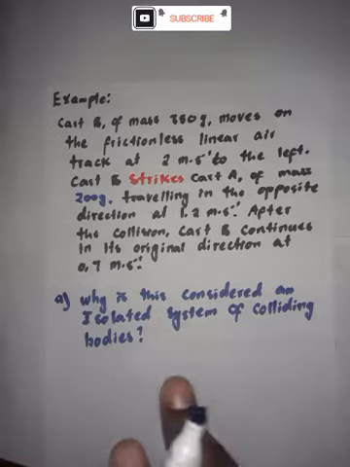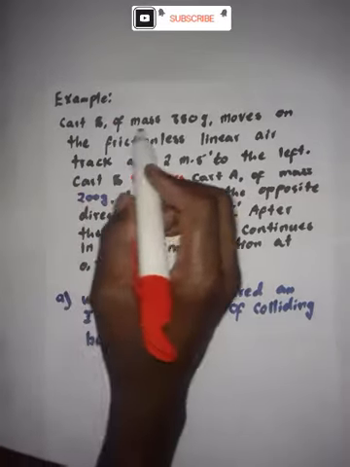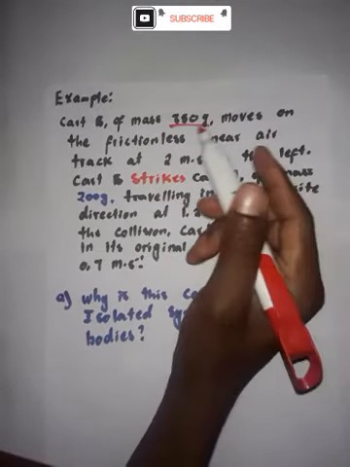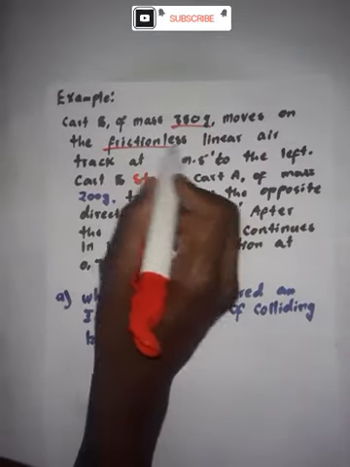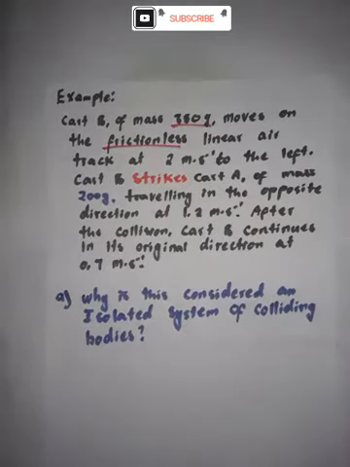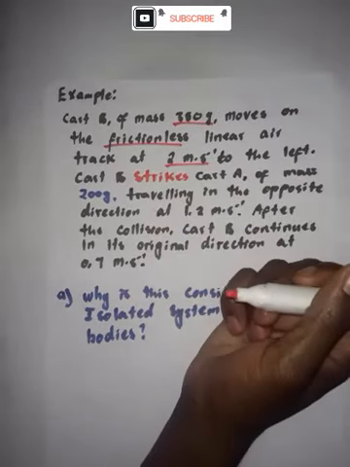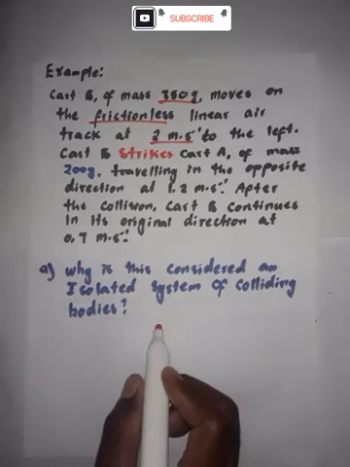So here we have this example. It says that cart B of mass 350 gram moves on a frictionless linear air track at 2 meter per second to the left. So it's moving in this direction.